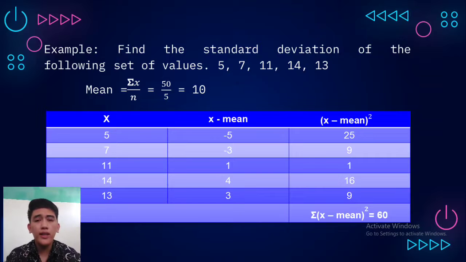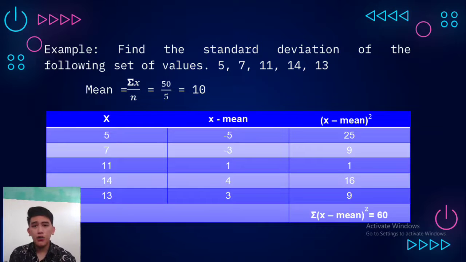Then, we will get the summation of the quantity of x minus mean squared. We will just add the answers in the given. 25 plus 9 plus 1 plus 16 plus 9 is equal to 60.